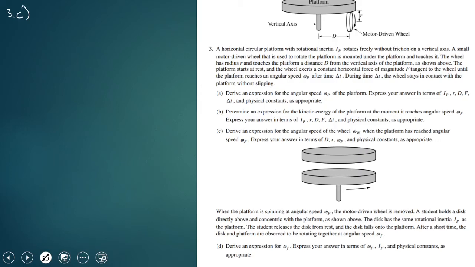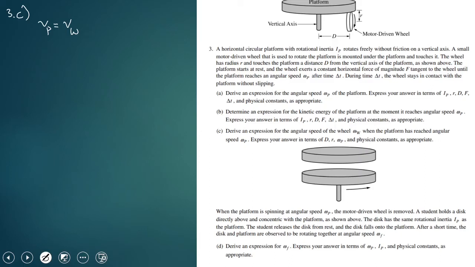And so what we can say is that the linear velocities are going to be equivalent, and we get v sub p is equal to v sub w. The linear velocity of the platform based on its circumference is going to be the same as the linear velocity of the wheel. While the wheel may have more revolutions, it still travels the same distance in terms of its circumference as the larger platform, which has fewer revolutions, but each revolution covers a much larger distance.